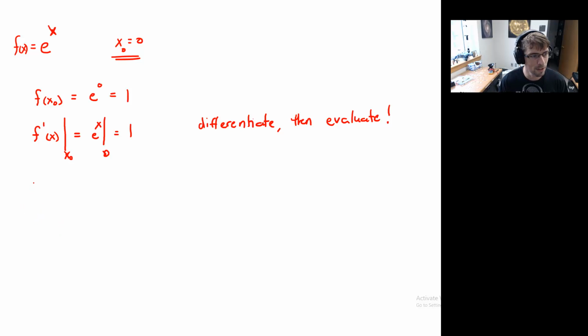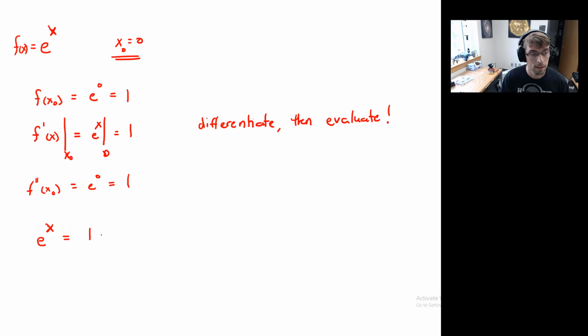And the second derivative, so I'll switch back to my other notation, is also 0. Or excuse me, e to the 0, and I get 1. Cool, huh? So what's our final expression for e to the x? Well, e to the x can be written as our original function evaluated at x naught.